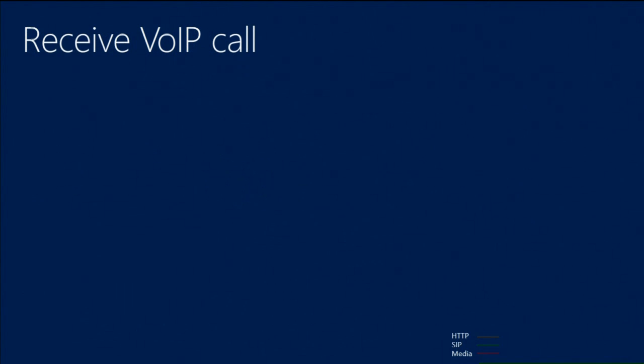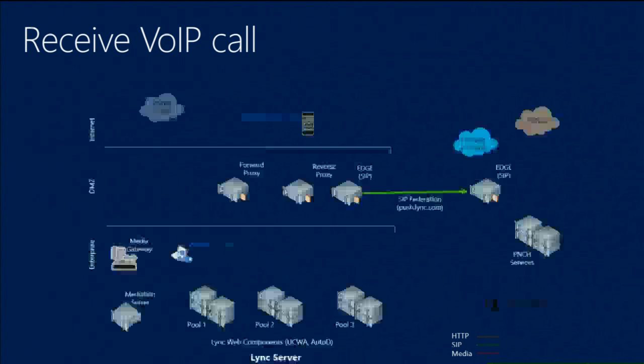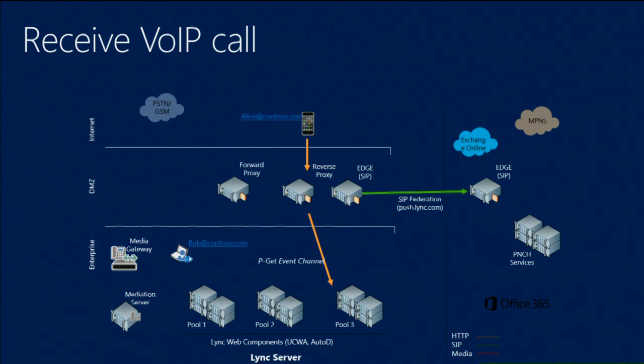So how does VoIP work on our mobile clients? I'm on my iPhone and I'm going to get a VoIP call. Or this is supposed to be, I think, a Samsung, because we use the p-event get channel, that's an Android thing. So it looks like an iPhone, but it's probably a Samsung. Now we're registered, and we've got this p-event channel running to the pool over UCWA.